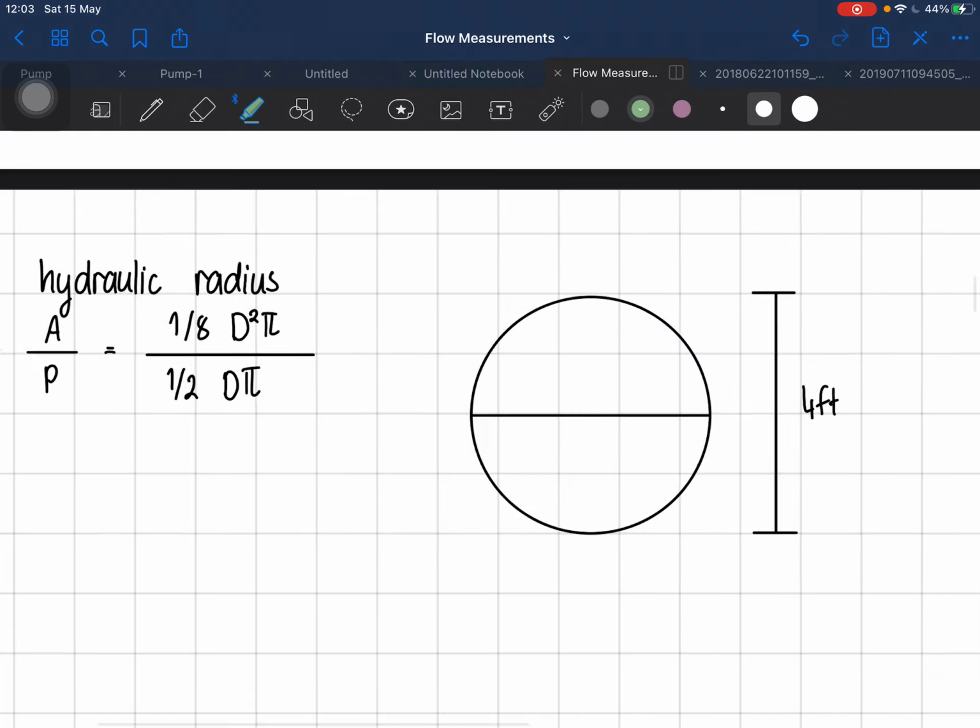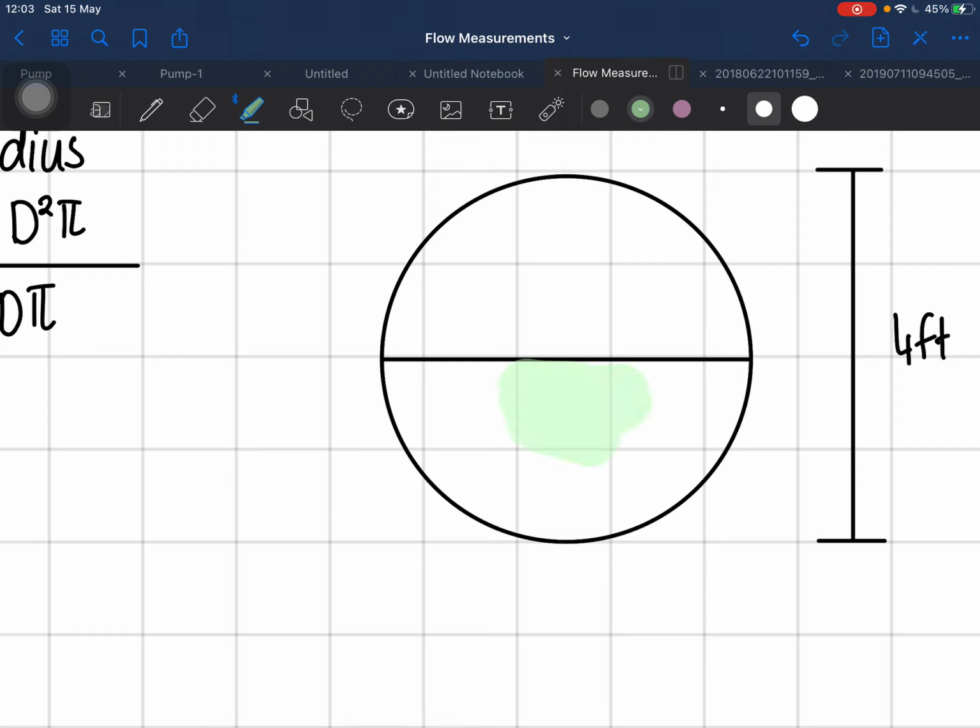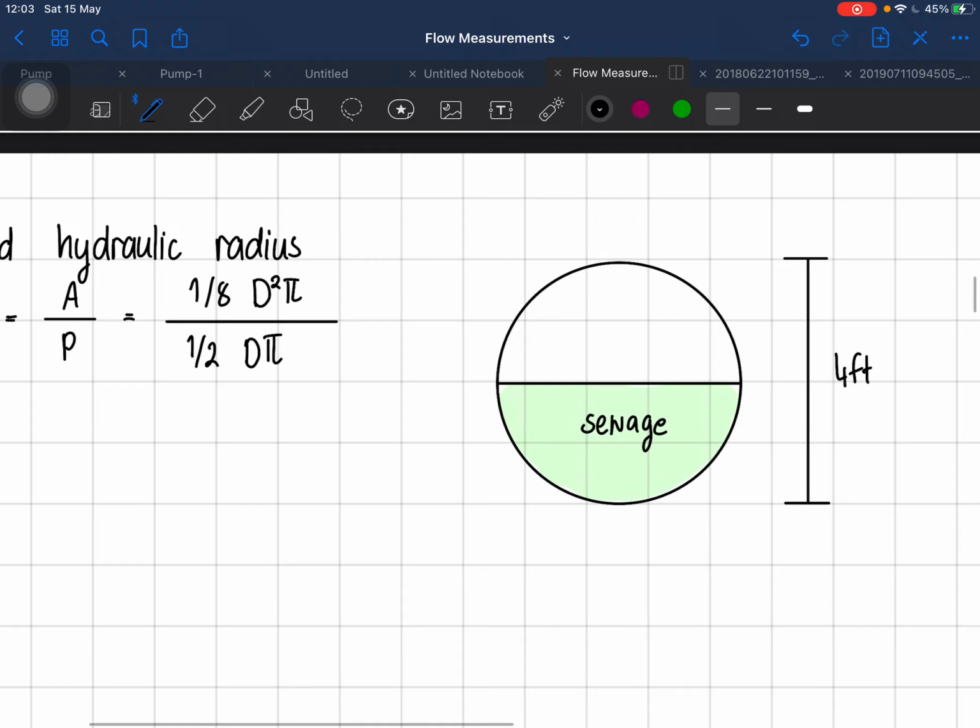Let's say the water of the sewage is green because it's the dirty water. You will see a lot of green here instead of the color blue, right? So this is the sewage. The water is half.